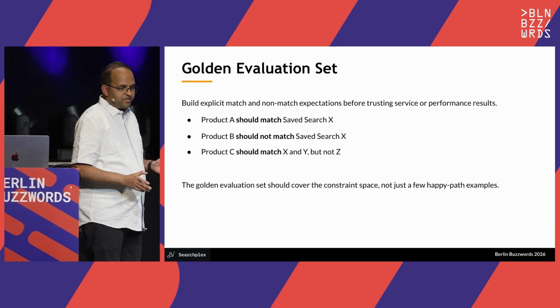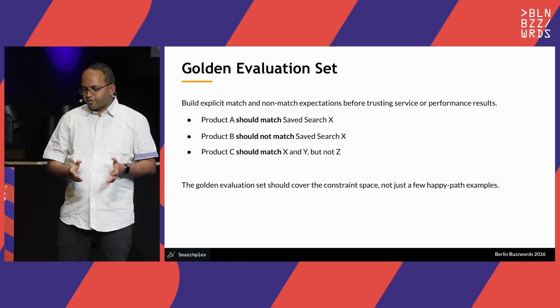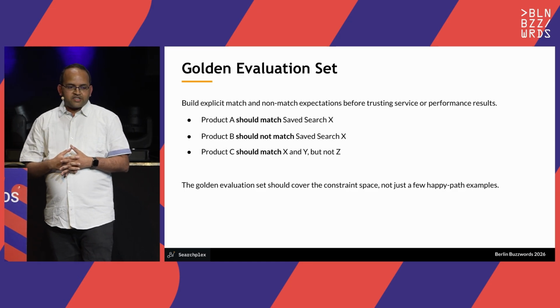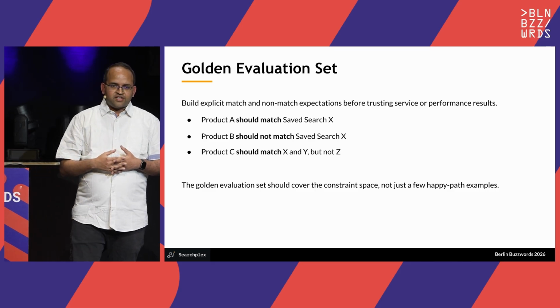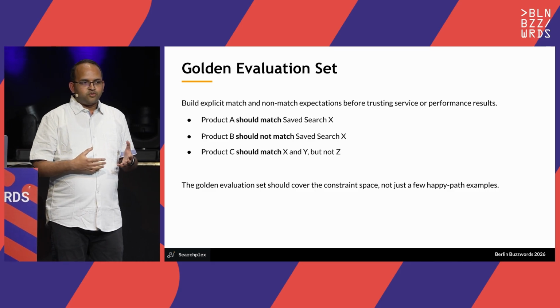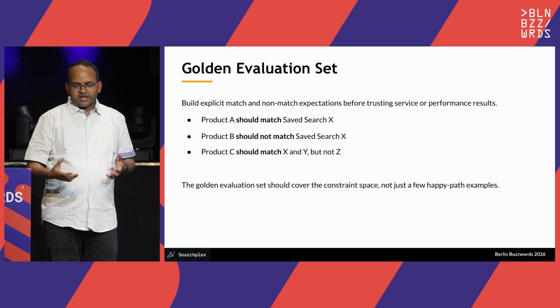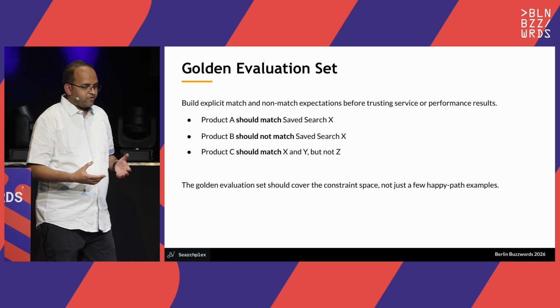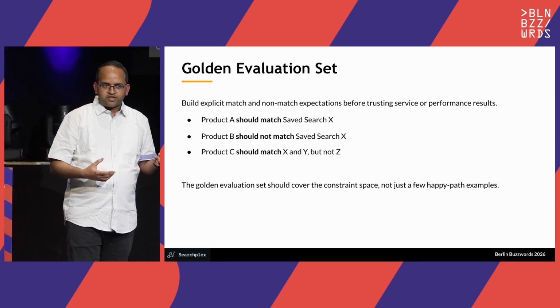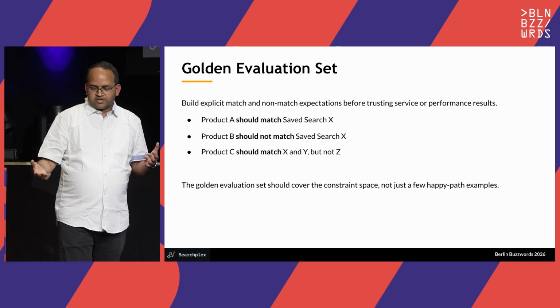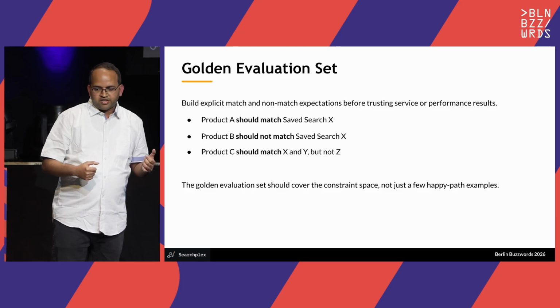Then another important part is creating a golden evaluation set. It's really important that you come up with enough examples of positives and negatives, what should be matching and what shouldn't be matching, for a given input product query, which saved searches should match or shouldn't match.